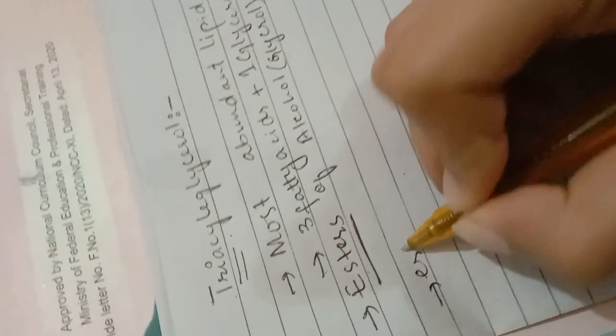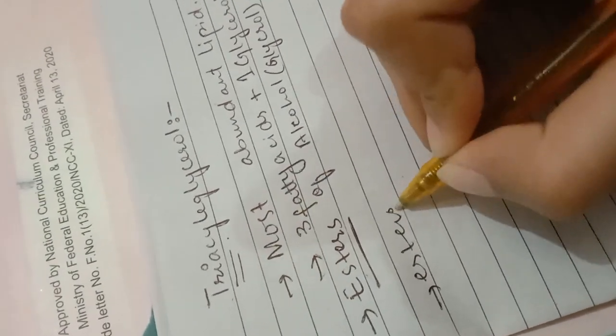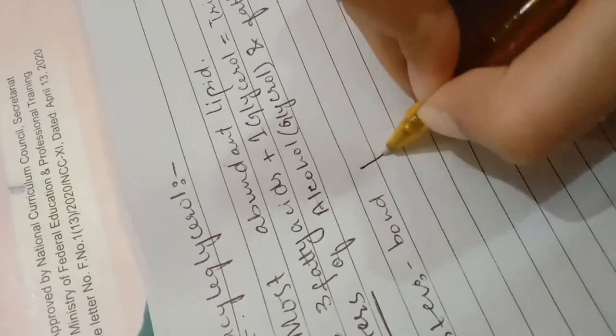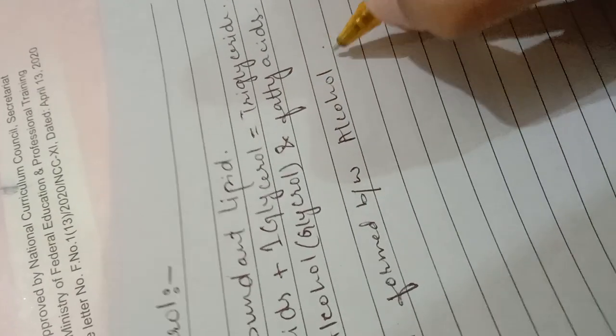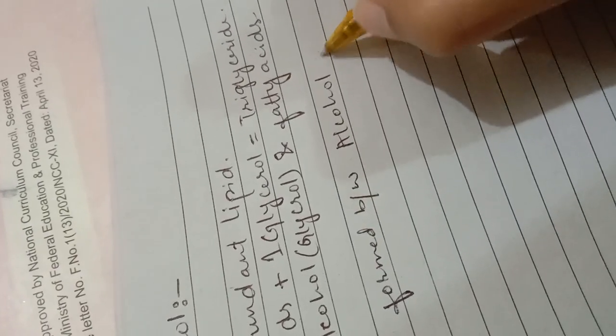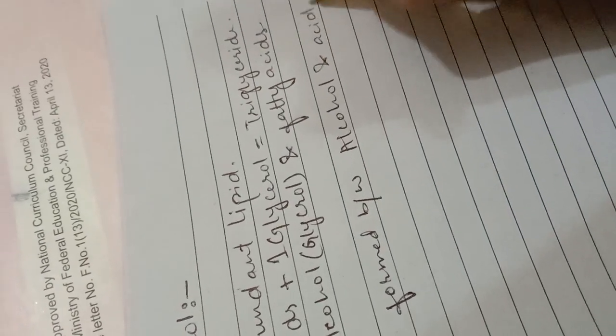So, an ester is basically a bond that is formed between an alcohol and any kind of acid. Ester is a bond that is formed between alcohol and acid. It doesn't matter what kind of acid it is.